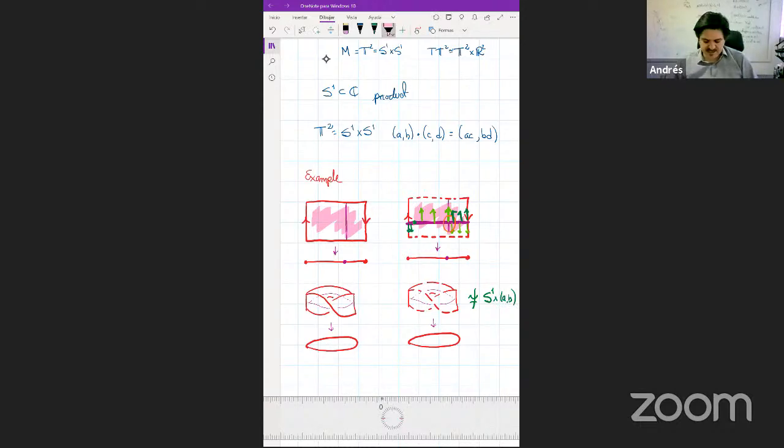That's not true because here you can do that. There on the circle you can take a vector, move it around smoothly, and you will reach the same point with no problem.